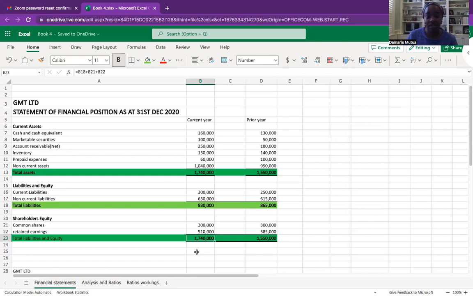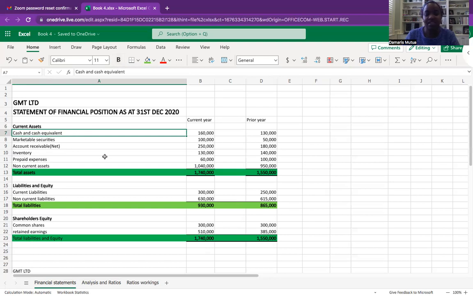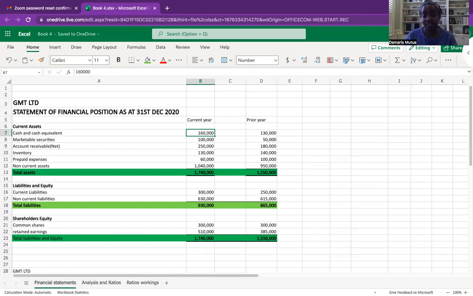We can now start analyzing each line item. So let's start with our current assets, the cash and cash equivalents, the money that we have in hand plus the money that we have in the bank. We have $160,000. That is the money that we have in hand.